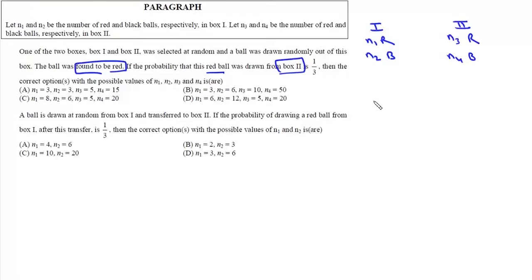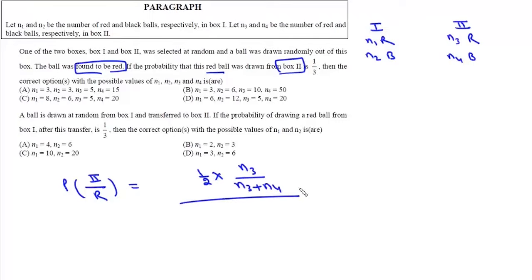Now basically it's a problem of Bayes theorem. So if the ball is found to be red, then the probability that it has come from the second box will be given by: probability of choosing the second box is 1/2, and then the probability of choosing a red ball from the second box is N3 upon N3 plus N4, divided by the total number of ways.